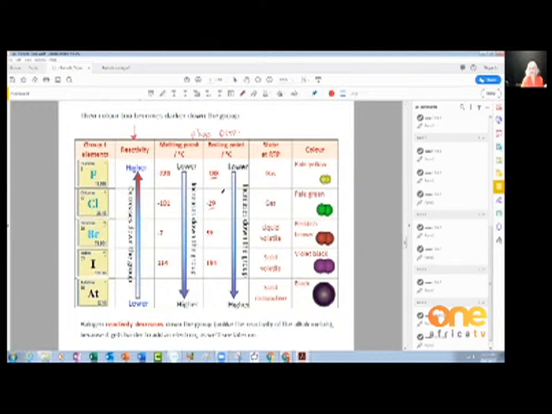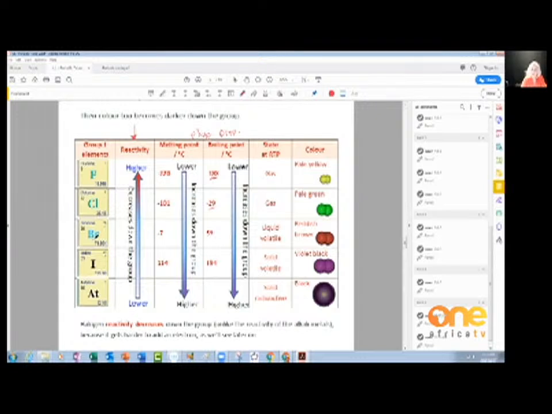So you see it's below 0. That is why fluorine and chlorine at room temperature in normal conditions are gases already. Because our room temperature is about 20 to 25 degrees, isn't it? Look at these temperatures, they are below 0. So they change to gases at very low temperature. So they exist as gases here.